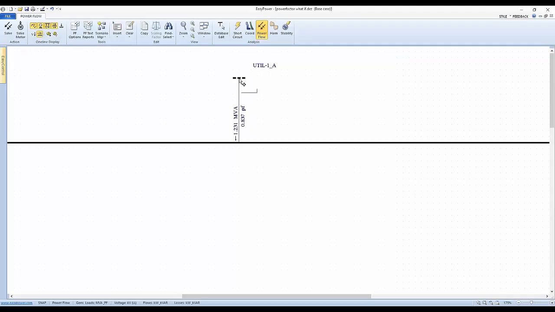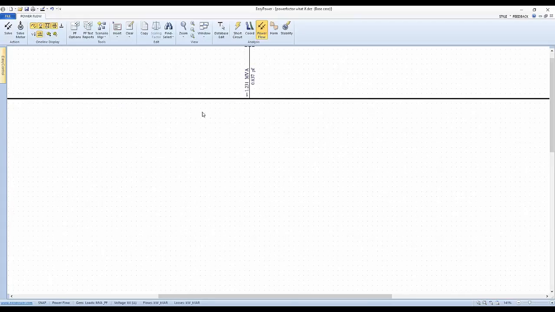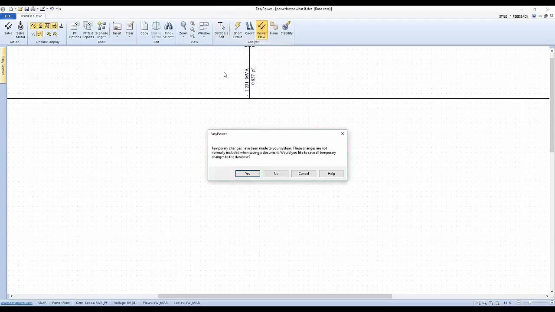And so we see coming out of the utility 1.2 MVA and a 0.837 power factor, which according to the website, if we were on a PG&E hookup, could be costing us somewhere near $8,000 to $10,000 a month with this much demand and this kind of power factor load. So the question is, what do we have to do to make adjustments to bring this power factor back in line? So let's go back to our database edit.